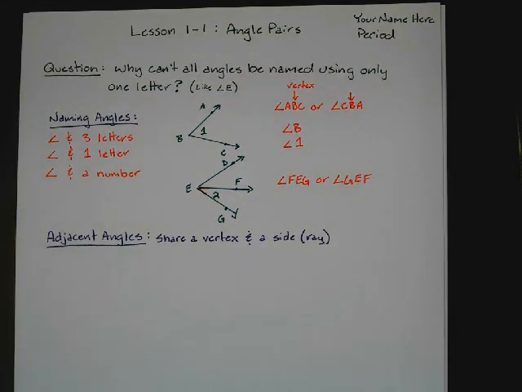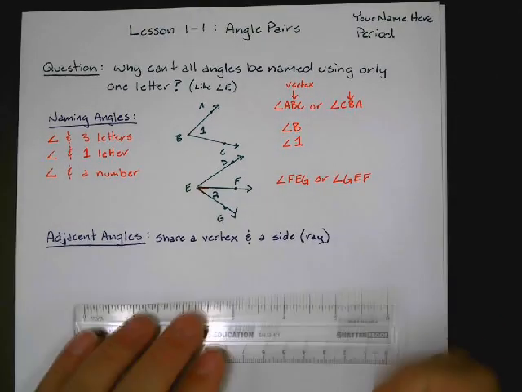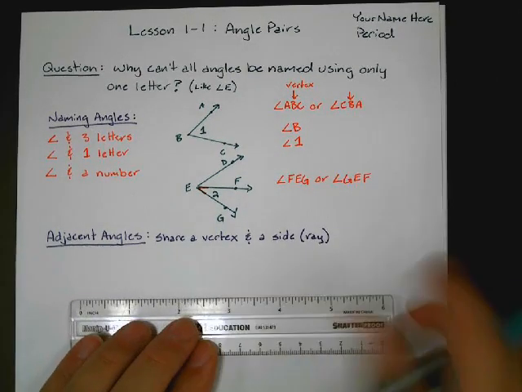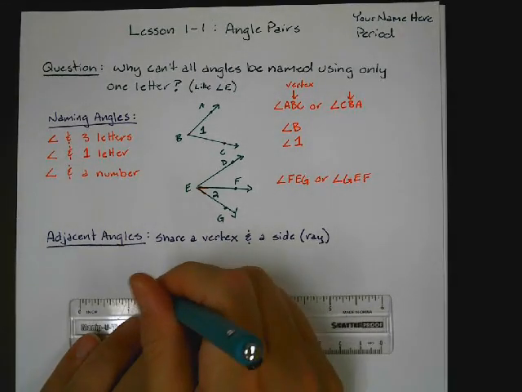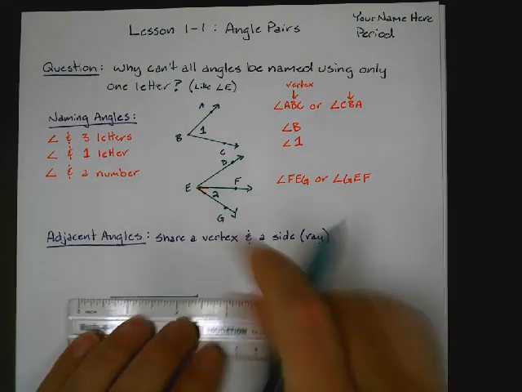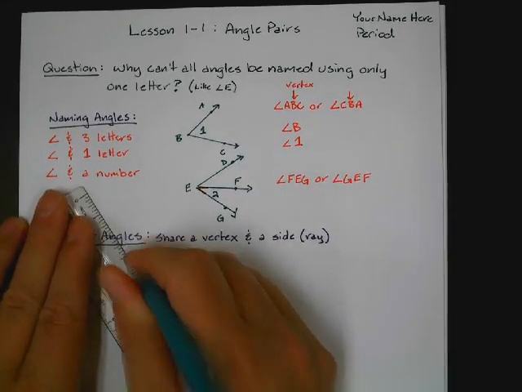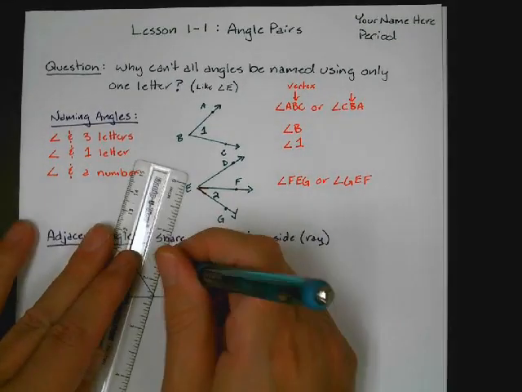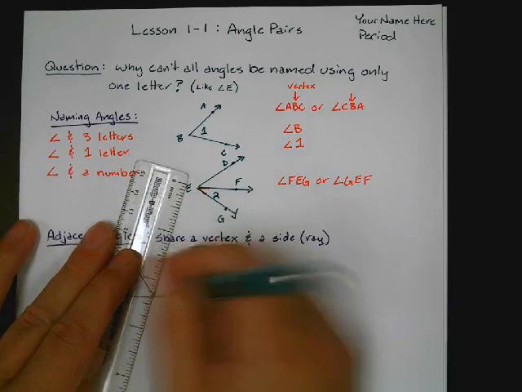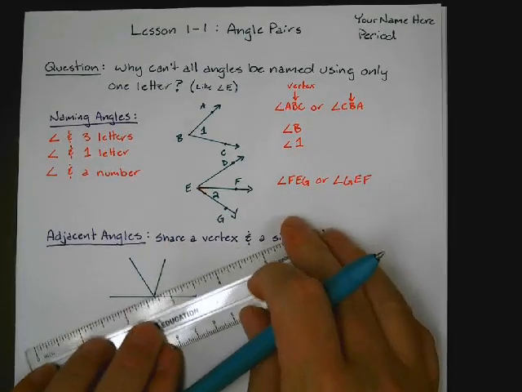All right, what does that look like? Let's put a whole bunch of angles up here. So I'm going to start with the straight line on the bottom. And let's just make a whole bunch of rays coming out of here. So put one there, put one here, and how about another one over there? That sounds good.